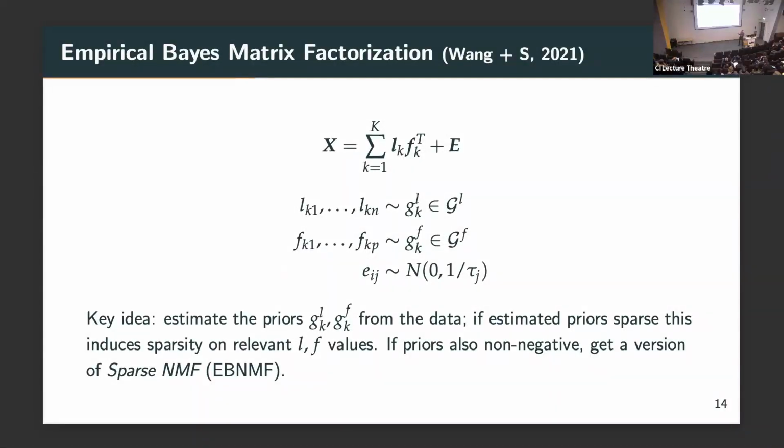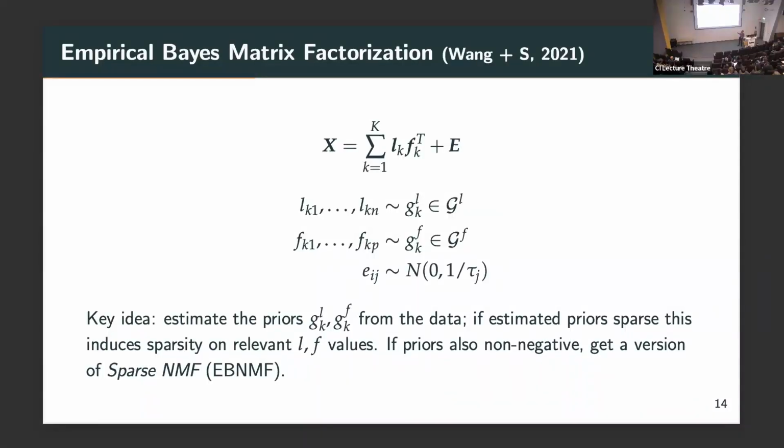Okay, so I said I'd say a bit more about the method. This is the method that I developed with my graduate student Wei Wang. It's in the Journal of Machine Learning Research 2021, for fitting what we call empirical Bayes matrix factorization methods. It is based on this basic matrix factorization model with Gaussian errors.